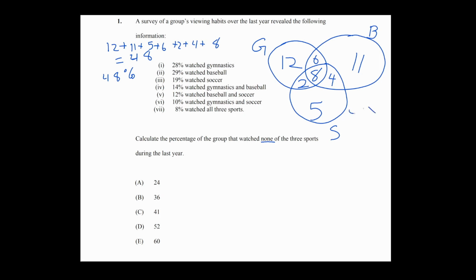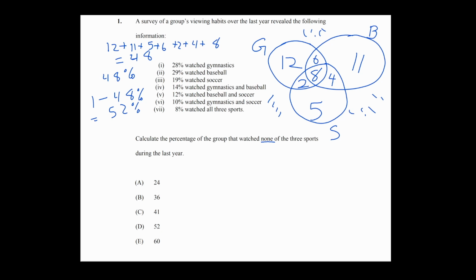So everything on the outside is going to be what we want. So all we have to do is 1 minus 48%, and that's going to equal 52%. So that's the answer.